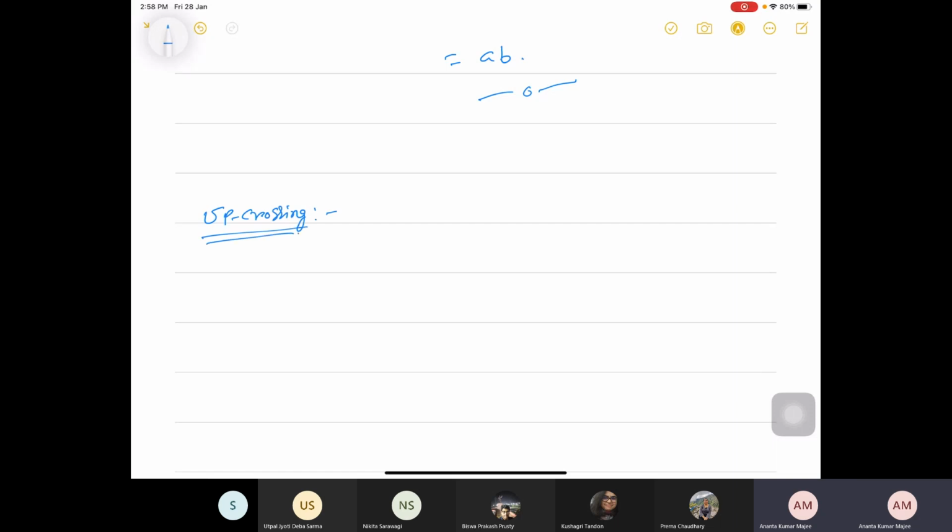What is upcrossing? Now I have, say, a stochastic process X_t, say t greater than or equal to 0. This is my adapted stochastic process.